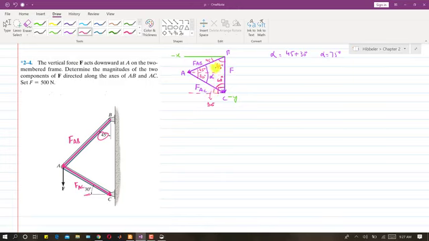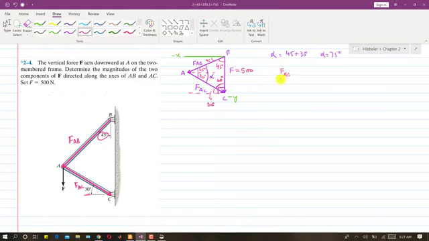Now we know these three angles and we know the magnitude of this force, which is 500 Newton. We are asked to determine the force along AB and the force along AC. If I apply the sines law, we will be able to find the component of force along AB.